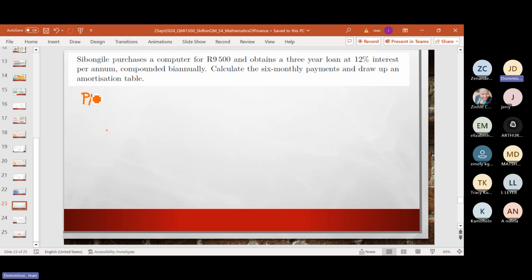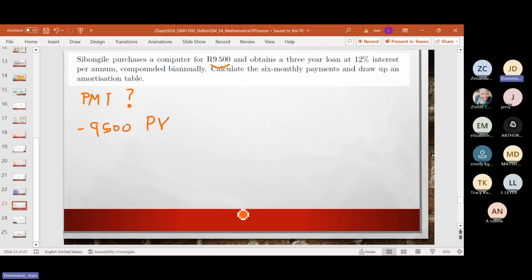You can work that out exactly the same way that we would have done with an annuity. The only thing is that the 9,500 will be your present value.